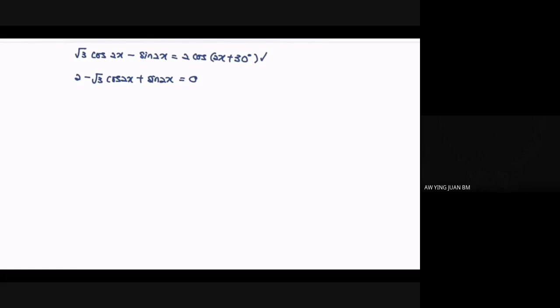So now we need to simplify the situation. Previously we already discussed 2 minus bracket square root of 3 cos 2x minus sin 2x equals 0. This one is equal to this one. So finally 2 minus 2 cos bracket 2x plus 30 degree is equal to 0. Now I'm going to simplify so that we have cos bracket 2x plus 30 degree is equal to 1.